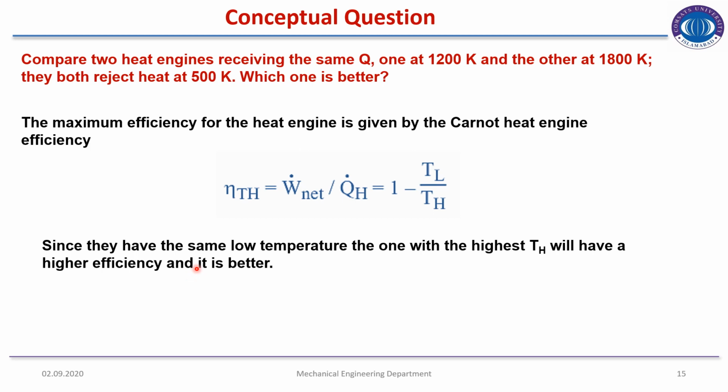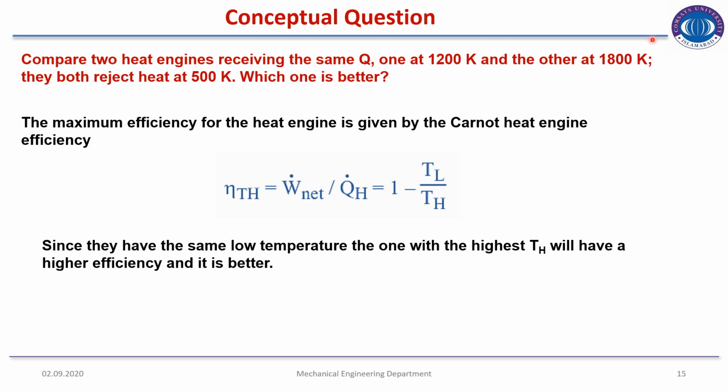Since they have the same low temperature, the one with the highest TH will have a higher efficiency and it is better. So if we have two heat engines and the sink temperature 500 is the same, the source temperature will decide which one will have better efficiency.